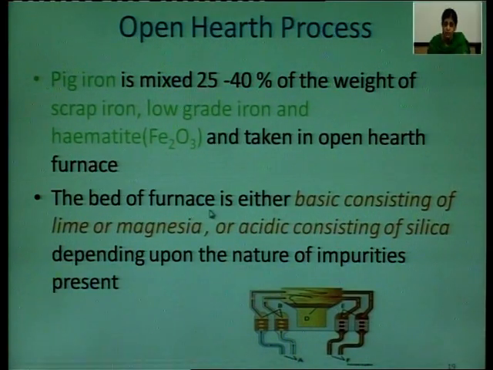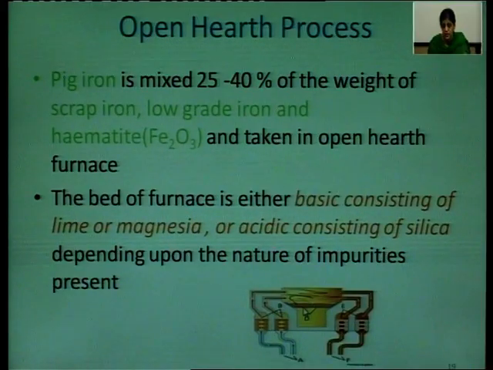The bed of the furnace is either basic, consisting of lime or magnesia, or acidic, consisting of silica. This is the bed, this bed D. It can be either basic or acidic.